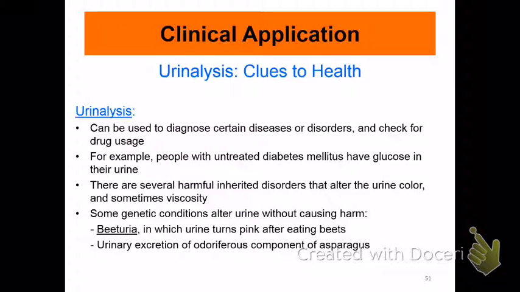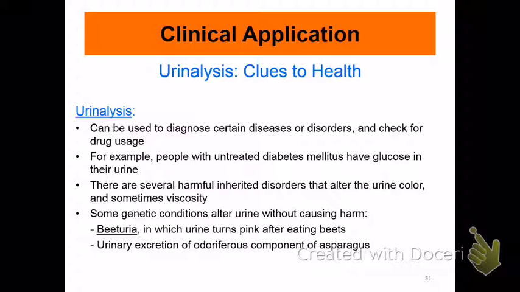Urinalysis is where they look at the urine and diagnose: is there glucose in it? If there is, then it's possible that it's diabetes. So they look at the urine and test for certain chemicals, toxins, things like that.